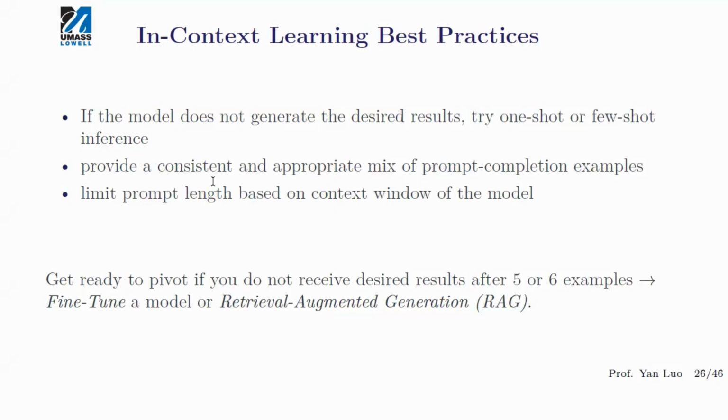Basically, give the model some examples, more information that it can learn on the fly, to give you the proper completion, especially if you desire a certain output format. And you need to provide a consistent, appropriate mix of prompt completion examples. That's what we showed earlier in the in-context learning gone wrong, where we gave inconsistent prompt completion examples. Those were all untruthful, incorrect ones.